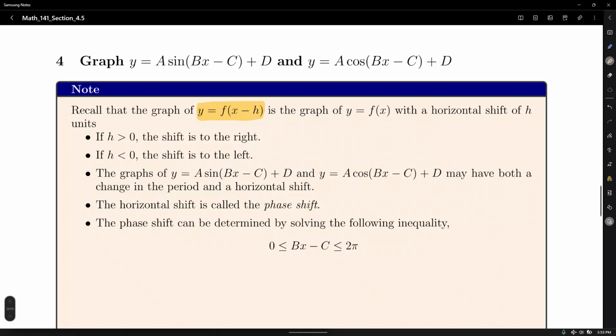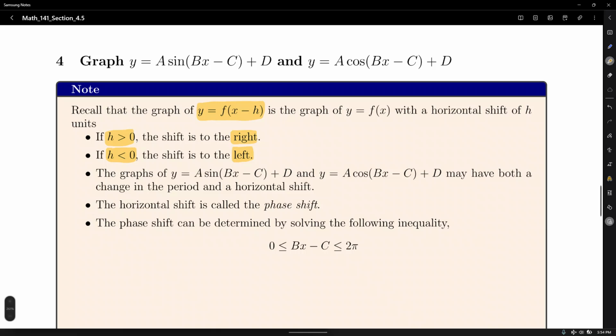Whenever the number is greater than 0, that is x minus 4, x minus 5, or x minus 7, that's a shifting to the right, while if the number is negative, that is x minus negative 3, which is x plus 3, or x minus negative 4, which is x plus 4, that shifts the graph to the left, something you might recall from college algebra or intermediate algebra.